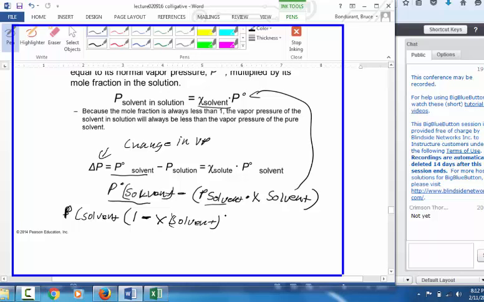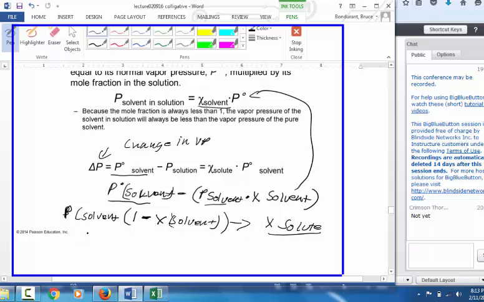Well, by the definition of mole fraction, 1 minus X solvent is now equal to X. If it's a two-part solution, it would be equal to the mole fraction of the solute. Remember, they have to equal 1, so 1 minus the mole fraction of the solvent is equal to the mole fraction of the solute.